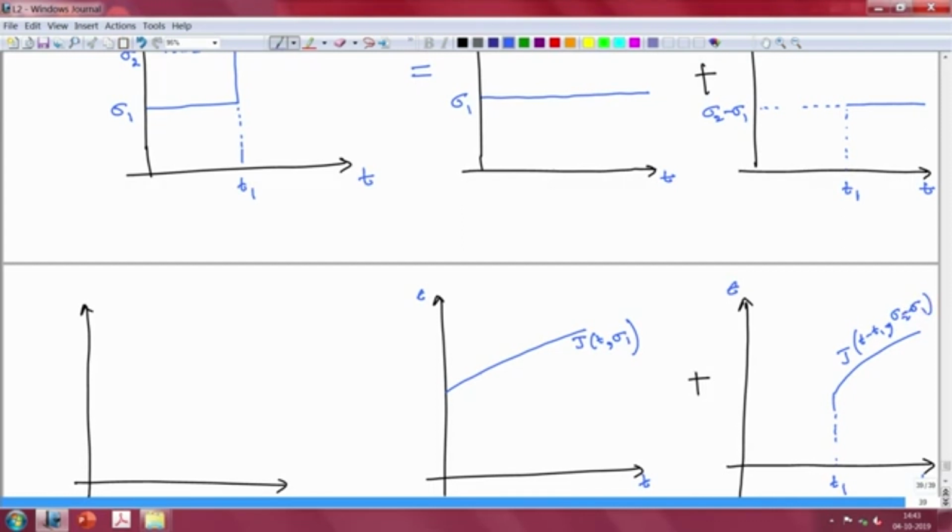So, the question of superposition of responses is very simple. It is saying that if this were your original input signal, the one on the left hand side, can I simply add these two responses on my right hand side and get the response to this more complicated signal? So, your graph will look something like this, and then there will be a break, and then you will have this other curve.